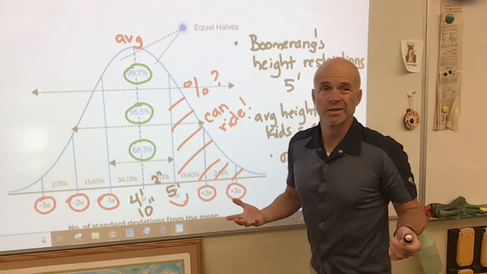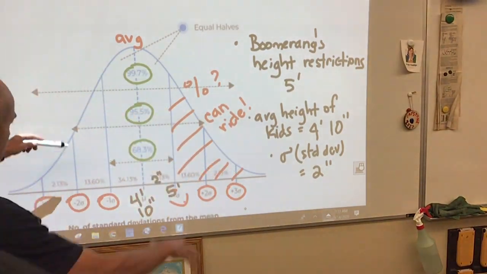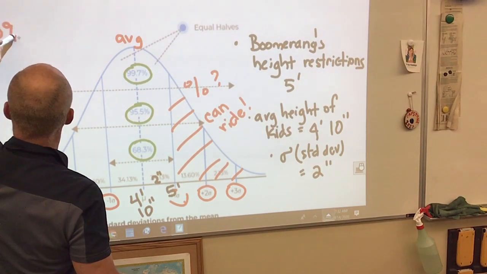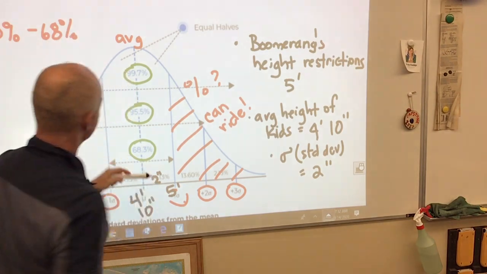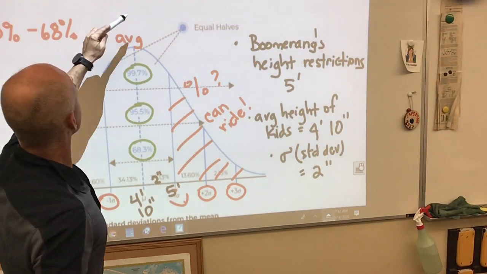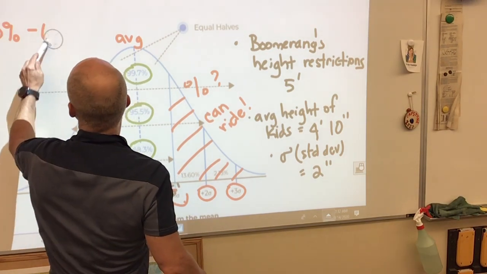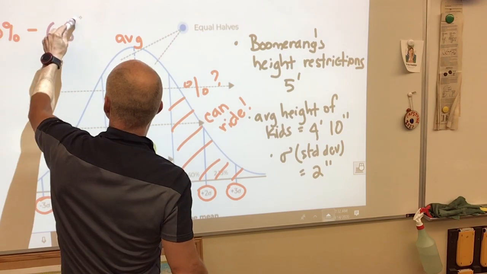And there are different ways to do this. What I like to do is take the entire kid population, which is 100%, and subtract 68%. Okay, 68% is this part right here. Let me use purple.